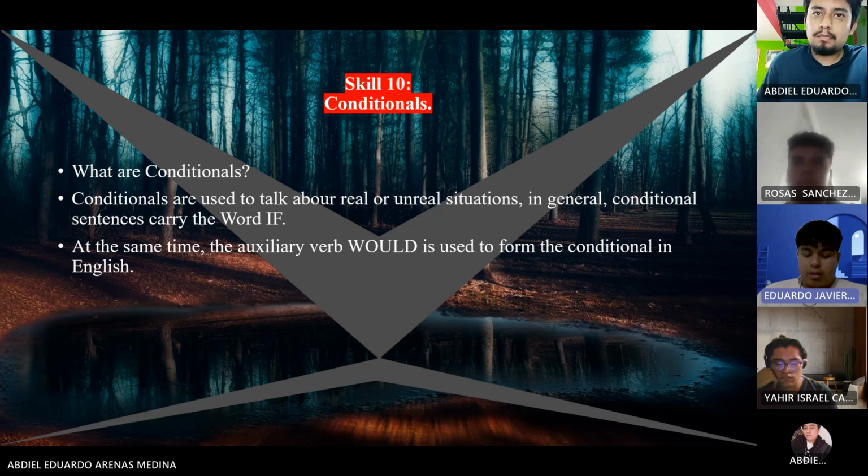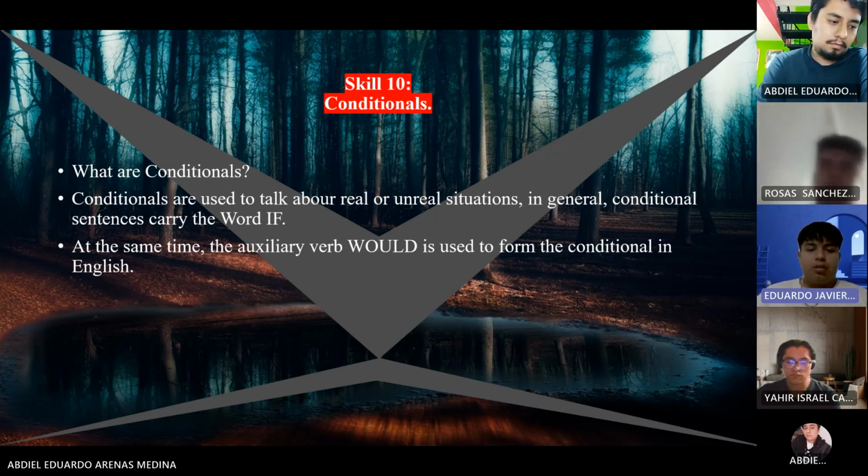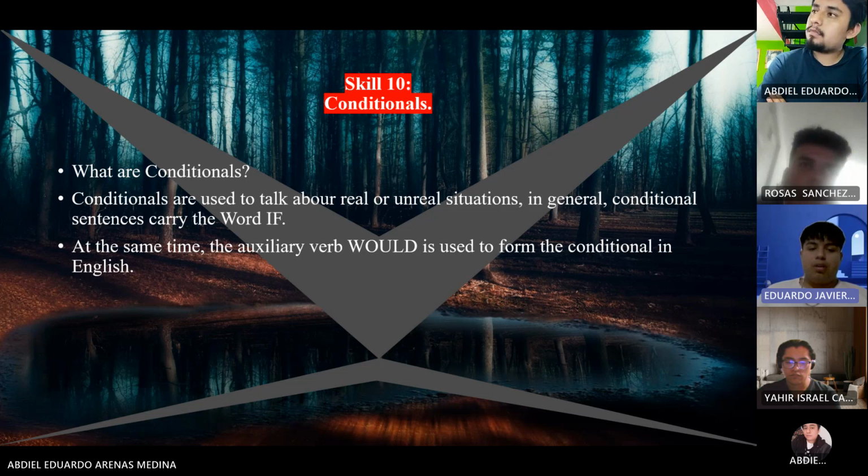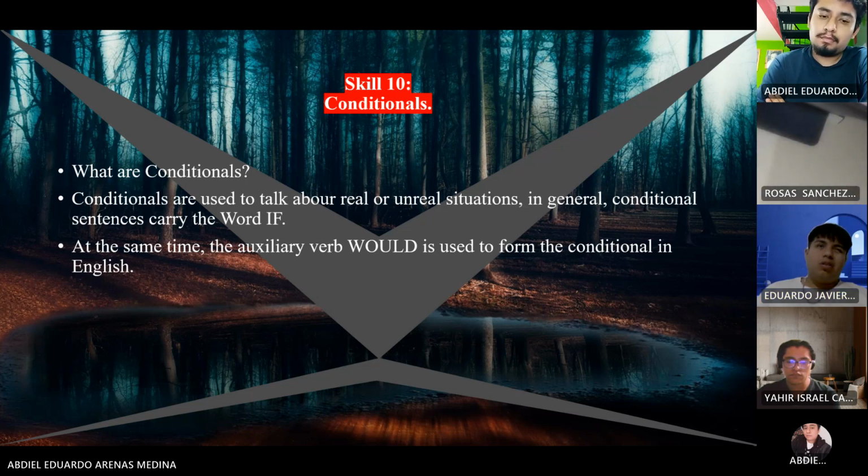To continue, skill number 10, conditionals. Well, what are conditionals? Conditionals are used to talk about real or unreal situations. In general, conditional sentences carry the word if. At the same time, we use the auxiliary verb will to express the future form.